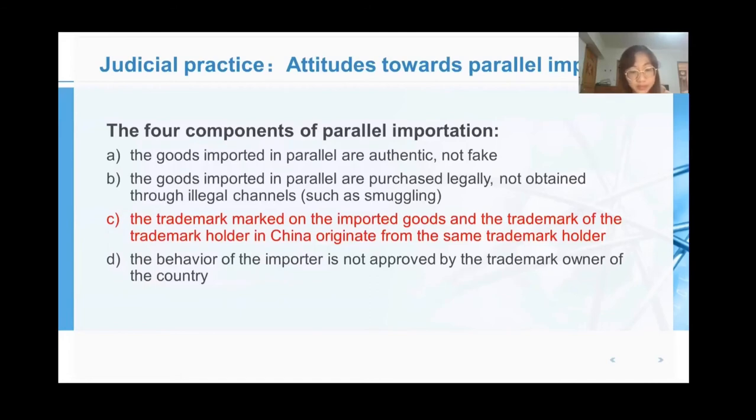In addition to C, in trademark infringement disputes, the defendant has the obligation to explain the legal source of his products, to prove that his products are imported legally, to bear the corresponding burden of proof in accordance with the above elements, and to provide sufficient evidence to prove that the goods are imported in parallel.